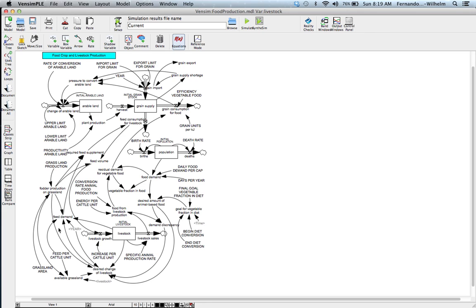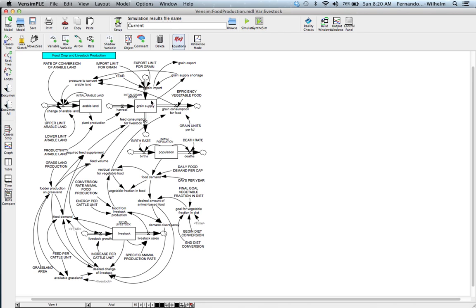Okay, so that basically takes care of the livestock growth, and then let's look at the livestock sales. Then those drive food for livestock production, which generates this residual demand for vegetable food, which then of course drives the consumption of grains for food.